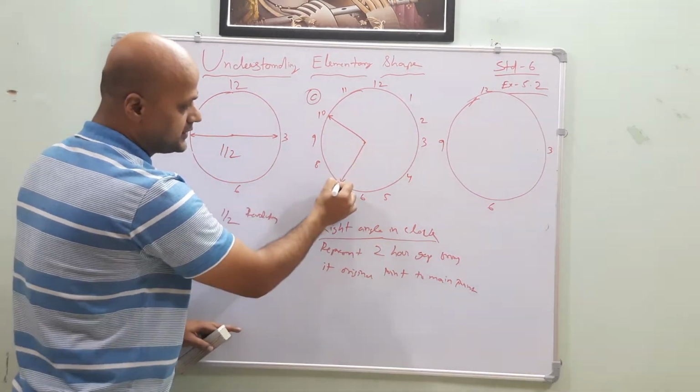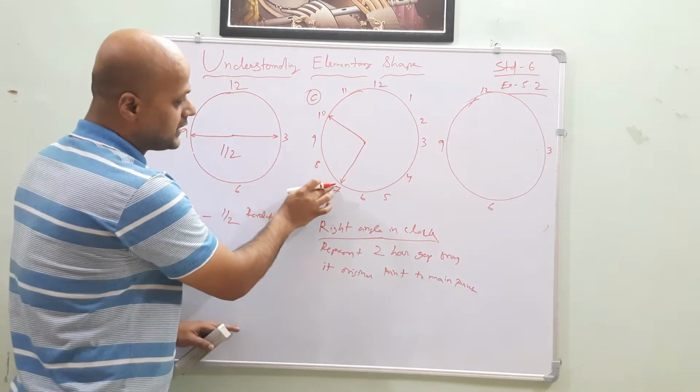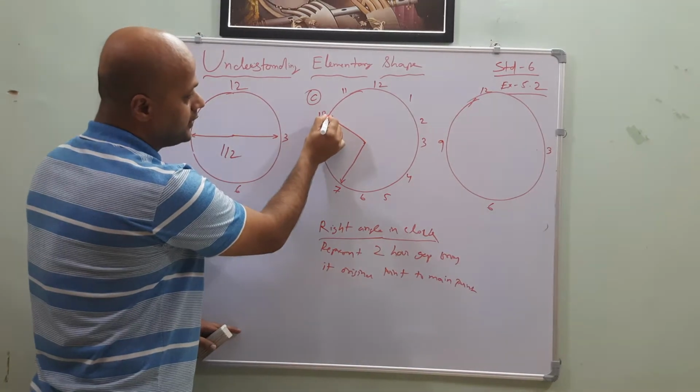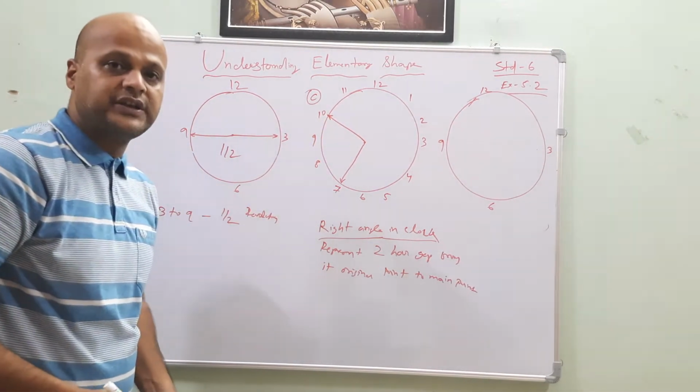Here the origin is 7, 2 hours gap: 1, 2. The starting and ending point means how much revolution? It is 90.